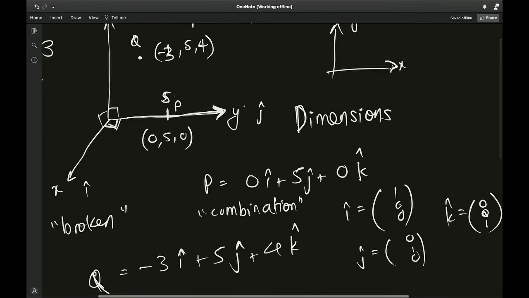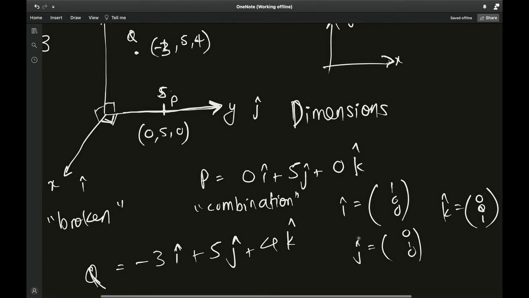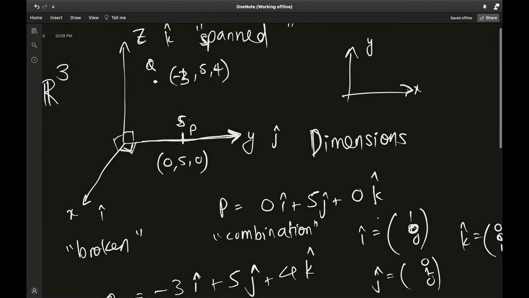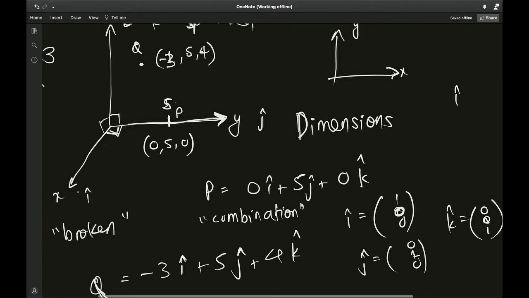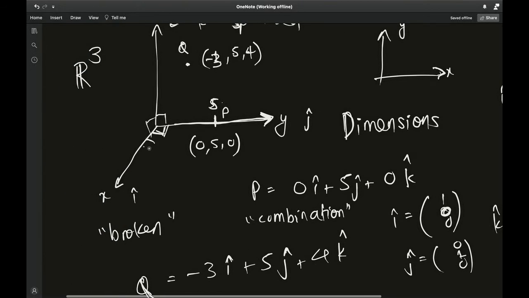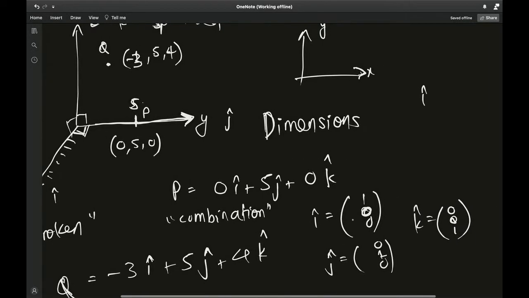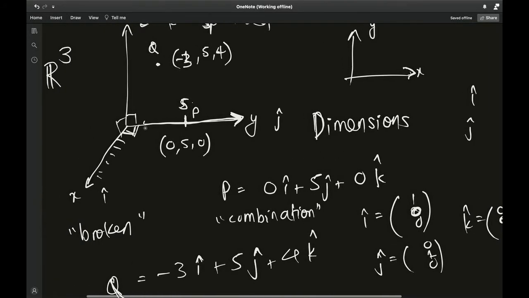So j cap provides information that i cap cannot. i cap has no j cap or k cap directions in it. So any point that is denoted as just i cap will only be along this line. Similar thing with j cap: any point denoted with just j cap will be along this line.